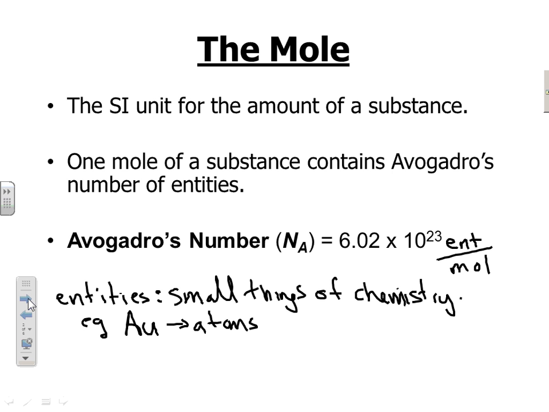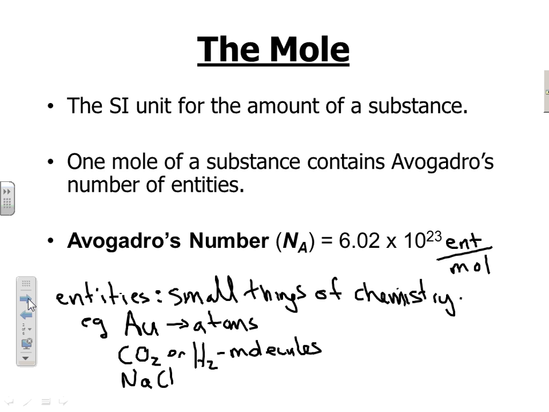That small thing could be CO2 or H2. Those things are called molecules. So molecules can be entities. I could count how many molecules there are if I'm talking about something that's molecular.